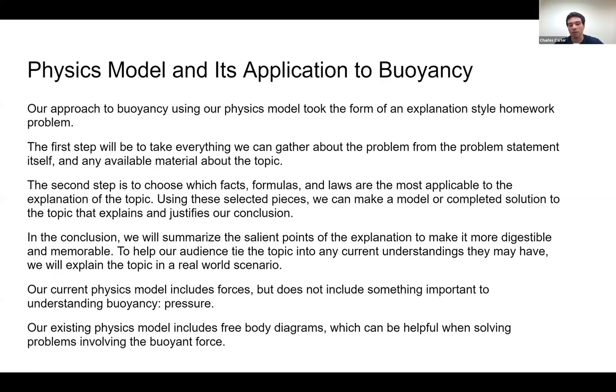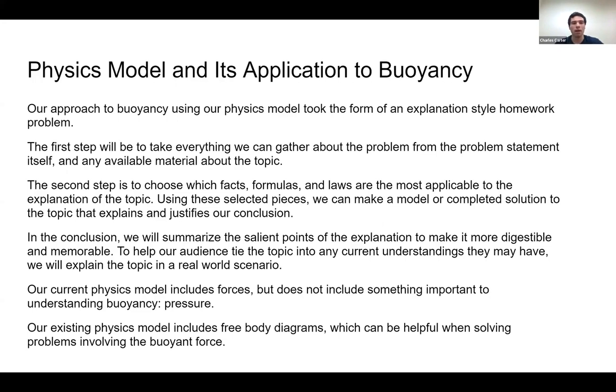The second step is to choose which facts, formulas, and laws are most applicable to the explanation of the topic, meaning formulas and other things that involve buoyancy or have variables that are going to prove useful to solving whatever problem comes up. And using these selected pieces, we can make a model and substitute in different formulas that will prove our point and allow us to reach a conclusion.